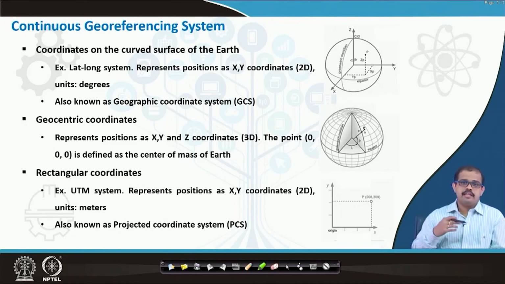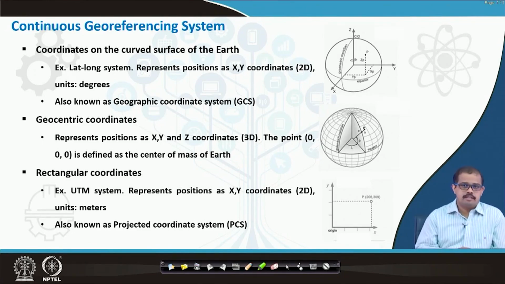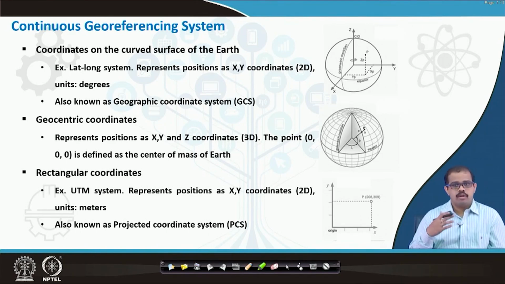So normally if you have looked at a lat long system, it can be in degree decimals, it can be in degrees, minutes, seconds. So any of those formats that normally you use belongs to the lat long system. It's dependent on the user what kind of system he uses. So then also it is known as a geographic coordinate system or a GCS.